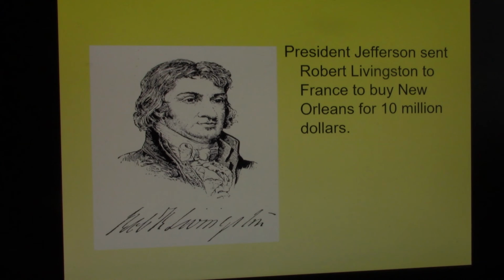To rectify the situation, President Jefferson is going to send this man, Robert Livingston, to France to buy New Orleans and the Mississippi River for $10 million. Now, Jefferson had gone to Congress, and Congress had appropriated the $10 million. So when Livingston set foot in France, he had a check for $10 million.